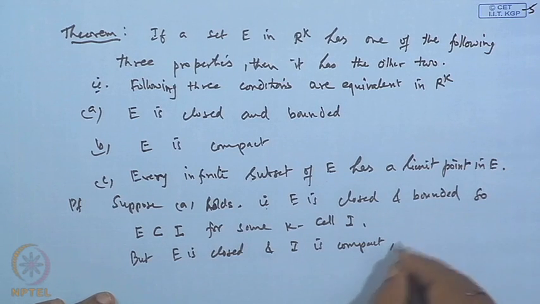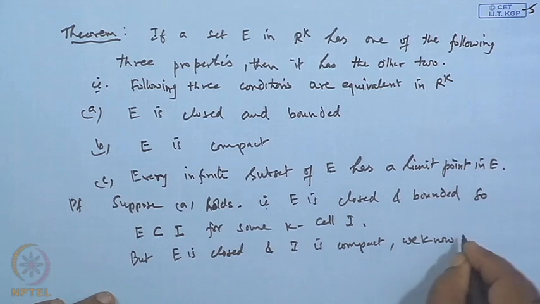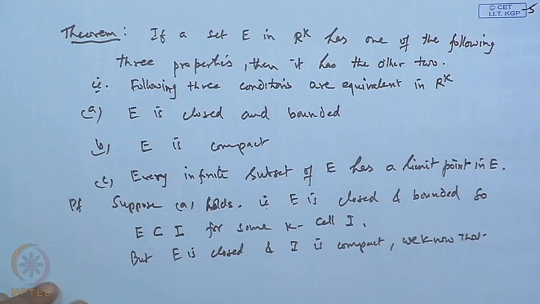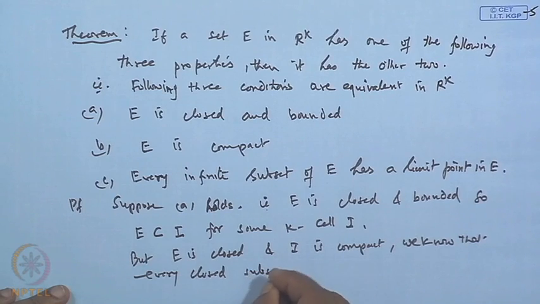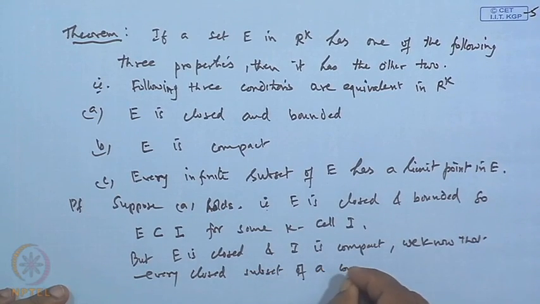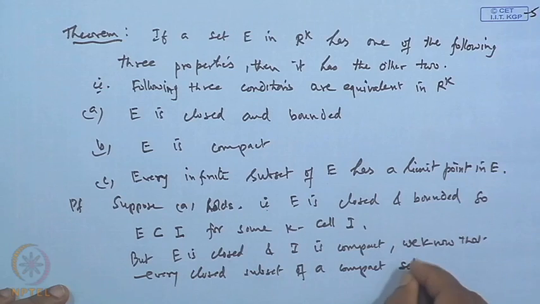So, every closed subset of a compact set is compact. We have proved this earlier: we know that every closed subset of a compact set is compact.